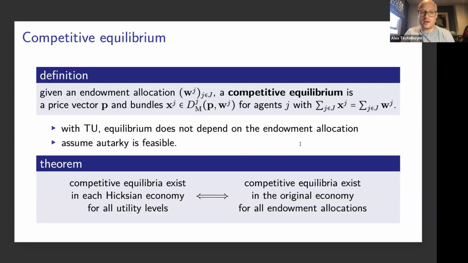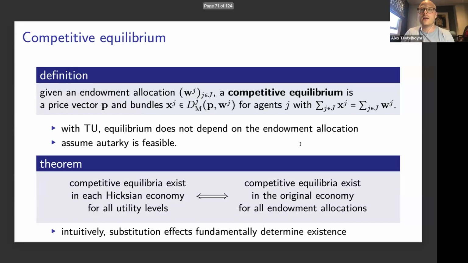Substantively, from an economic perspective, what it says is that the only thing that matters for equilibrium existence is substitution effects. The only thing that matters is Hicksian demand, not Marshallian demand, as far as equilibrium existence is concerned. Why was this not noticed for a while? I think it's because we focused on the case of quasi-linear preferences where these two things coincide, so you couldn't actually see that there could be a difference.